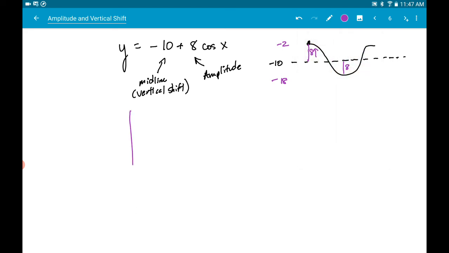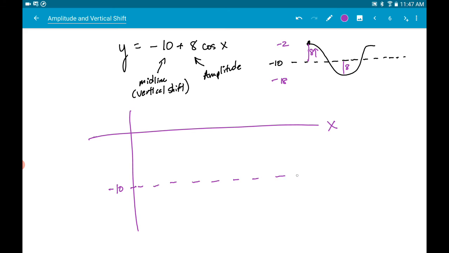So, let's do it. Let me redraw that. I'm going to shift this down a little bit. I'm going to say this is my x-axis. And then I'm going to say -10 is right here. So, draw that midline in. We use a dashed line because it's not part of the actual graph. We use a solid line to represent the actual graph.